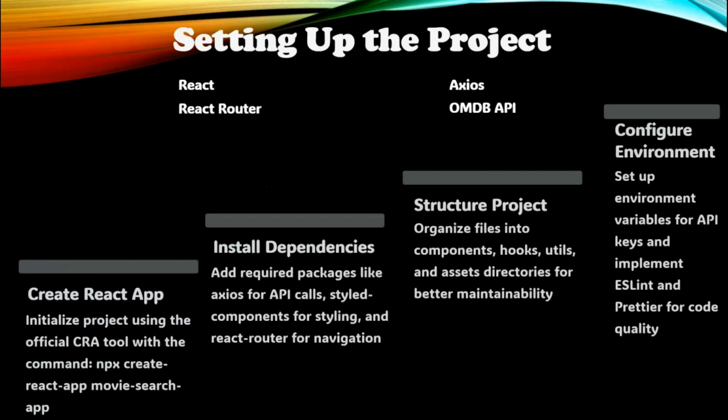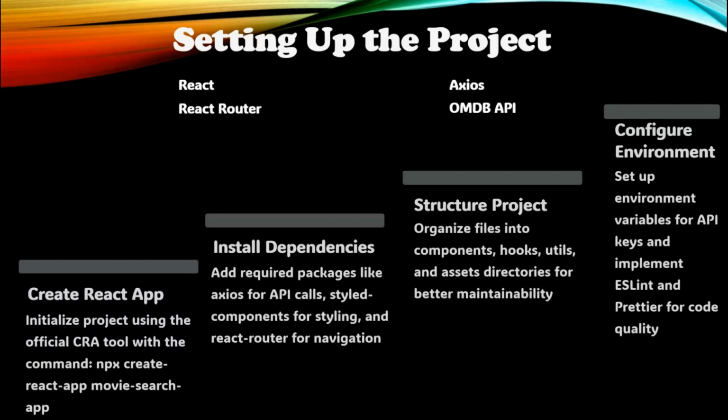Next, coming up to the setup of the project. The setup has four parts: React, React Router, Axios, and the OMDB API. We created the React app with the help of the CRA tool, and we installed the dependencies we use for styling, and React Router for navigation, like for searching on the OMDB app.